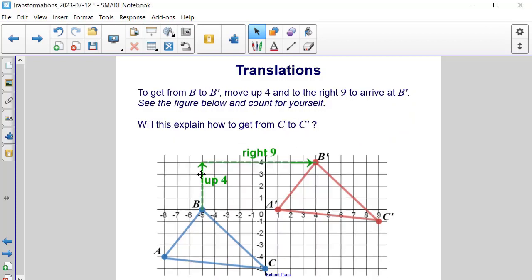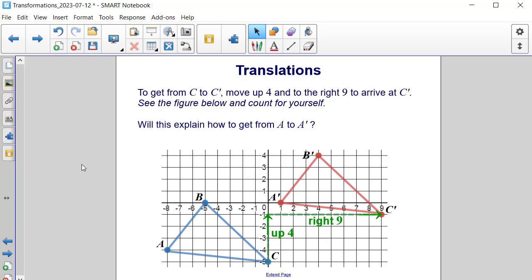To get from point B to point B prime, we moved up 4 units, and to the right 9 units: 1, 2, 3, 4, 5, 6, 7, 8, 9, to arrive at B prime. Will this also explain how we get from point C to point C prime? Take a moment to pause this video and think about it, and when you're done, unpause it.